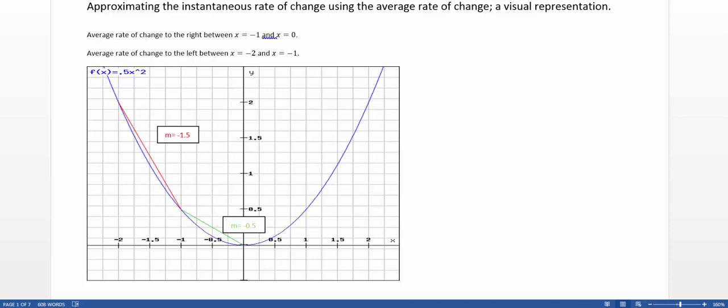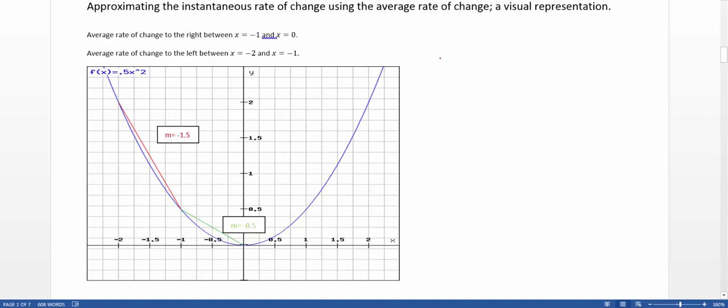So at -1, we want to know exactly how much the function is changing. So what we're going to do is look at average rates of change near -1 to help us approximate. And this is how this works. We're going to approximate the average rate of change to the left of -1 and to the right of -1.